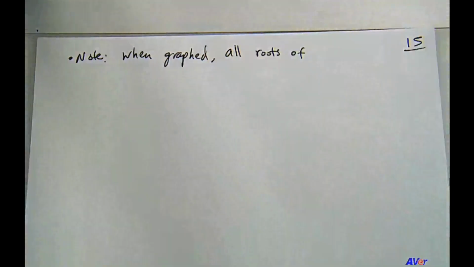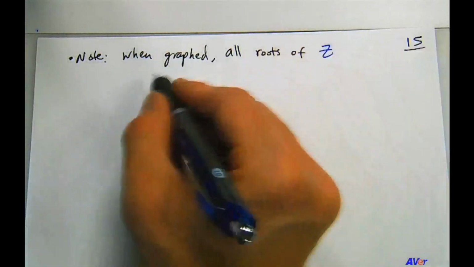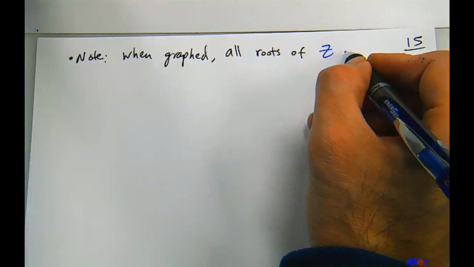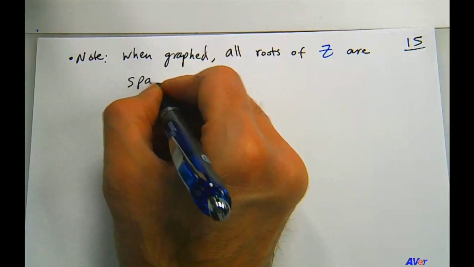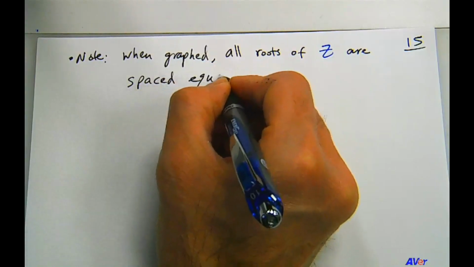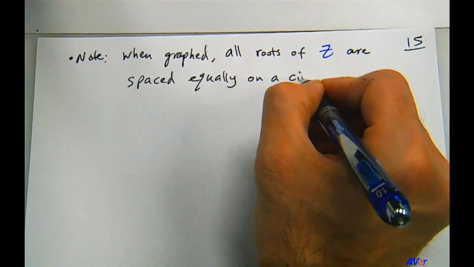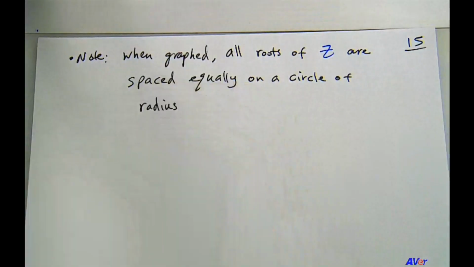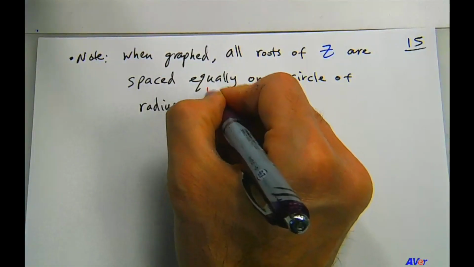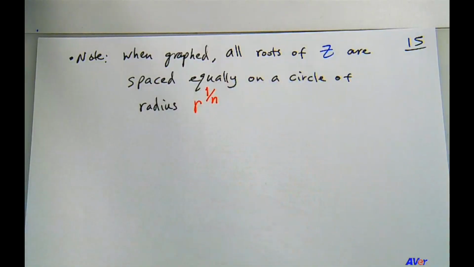So if we graph all those roots that we're finding, if we graph all roots of z, they are spaced equally on a circle of radius, this is very, very important, of radius r to the 1 over n power.